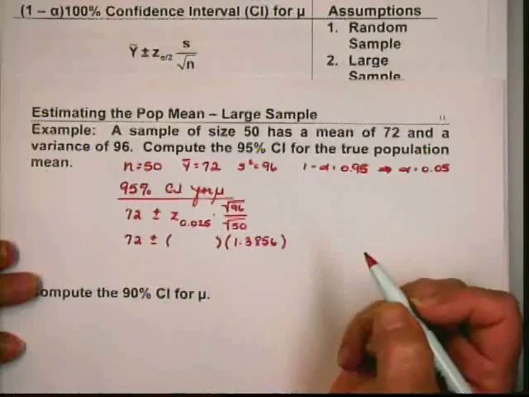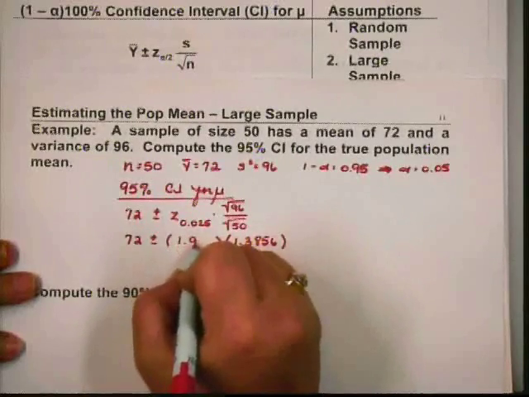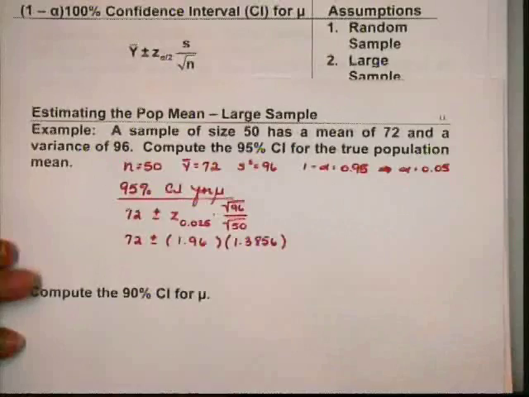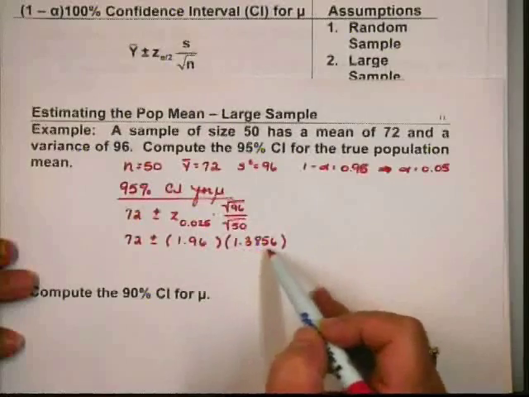What value do you have? I have 1.96. Do you agree? 96 over 50, and the square root of that, I have 1.3856.